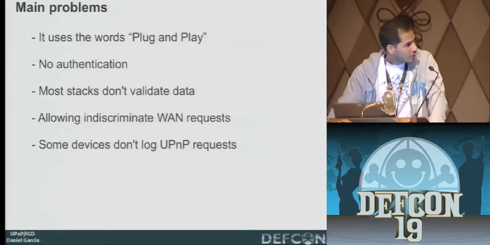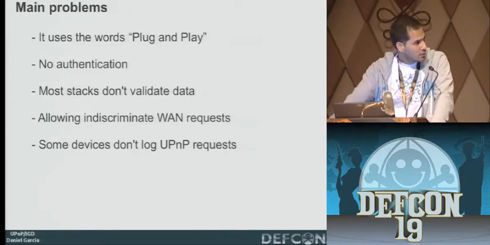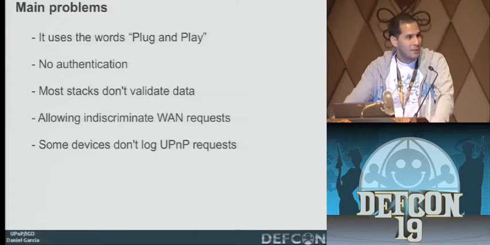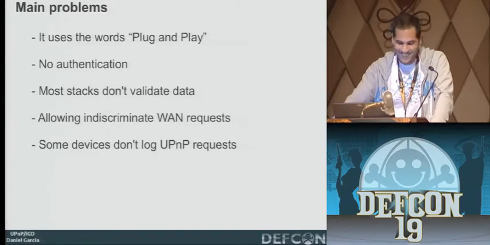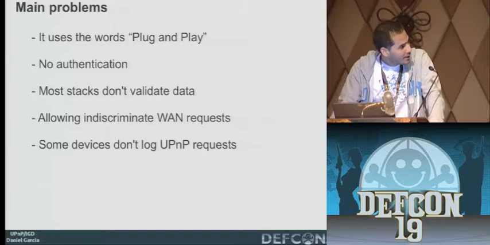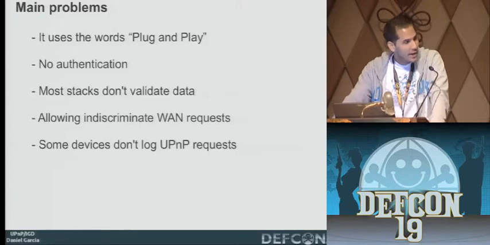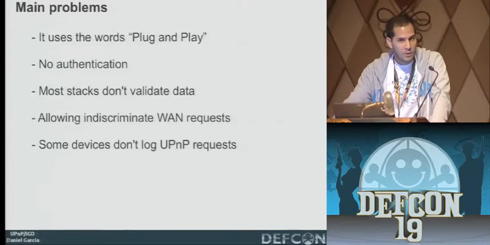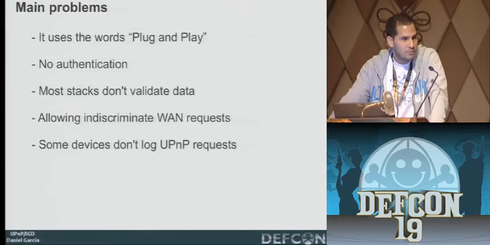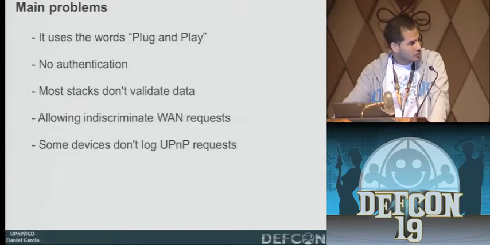To give them credit, though, in the IGD version 2 paper, they put that sentence in caps, so I guess they're making a better point now. And on the other hand, we have devices that don't even log UPnP requests. We can do whatever we want with it, and no one will ever see it, because the device doesn't have the capacity for logging, which is also a bit weird.